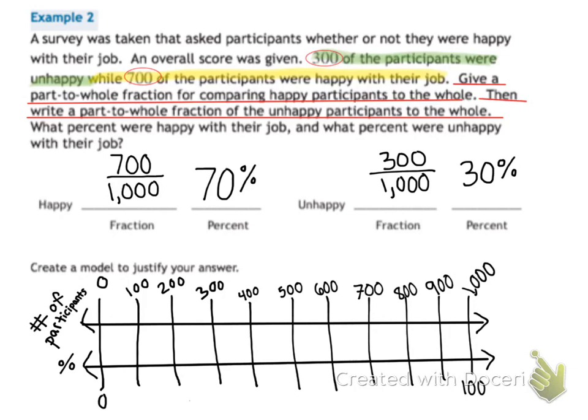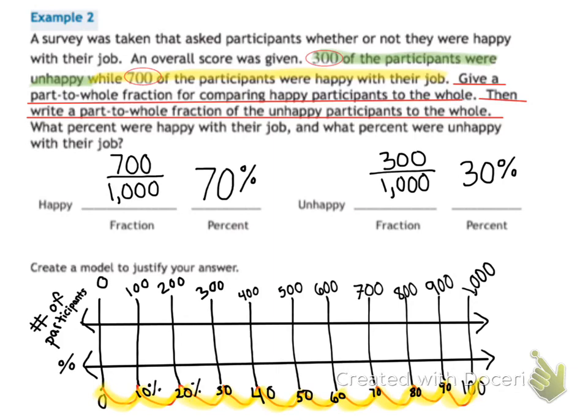Now I'm going to take this information here to figure out the percent. So I need to count the number of units, right? And I have 1, 2, 3, 4, 5, 6, 7, 8, 9, 10. So I'm going to divide 100 by 10. So that means my percent is increasing by 10%. And I should have labeled it percent.